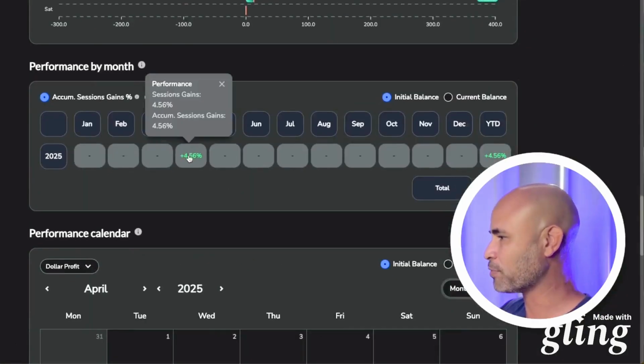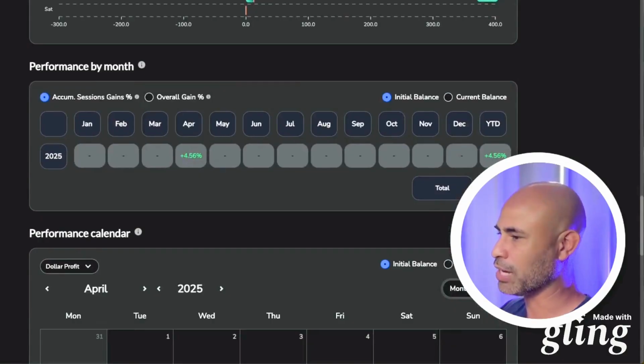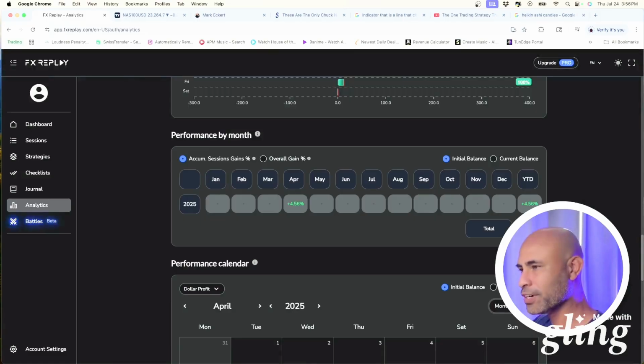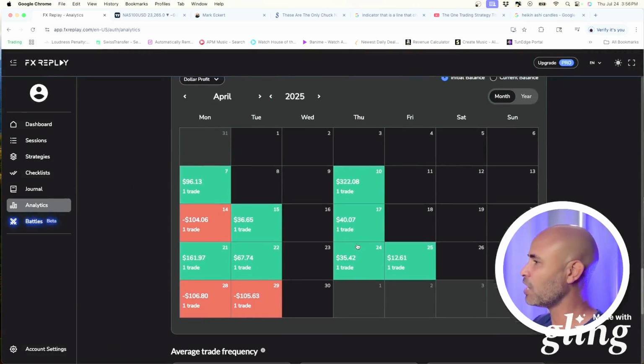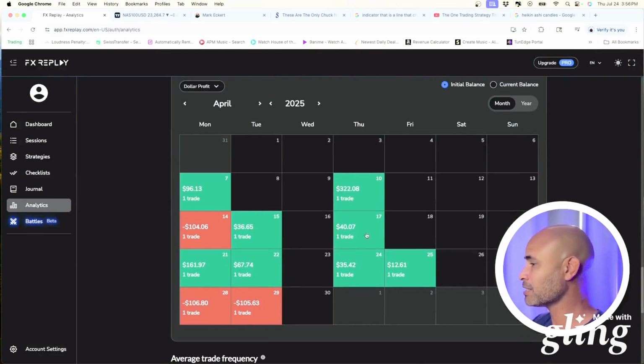At the end of April, after taking the 11 trades, we were up 4.5%. So if you are funded with a $100,000 prop trading account, this is an extra $4,500 for the month of April. If you only have a $50K account, that's still $2,250.